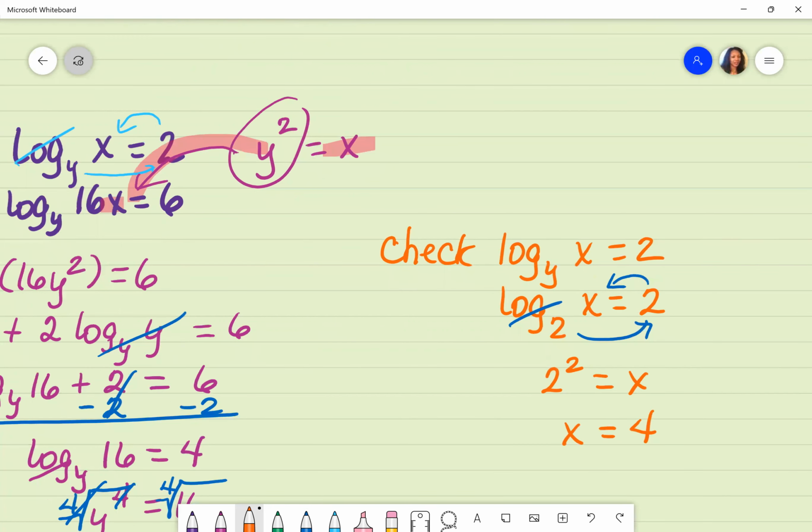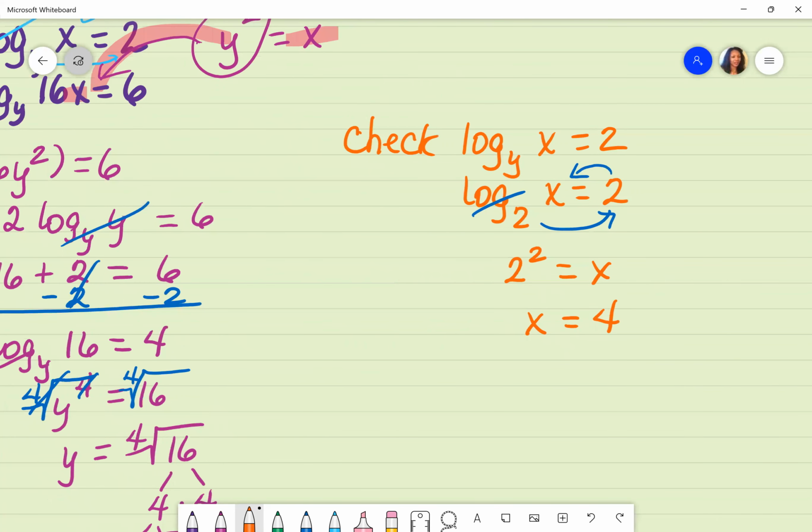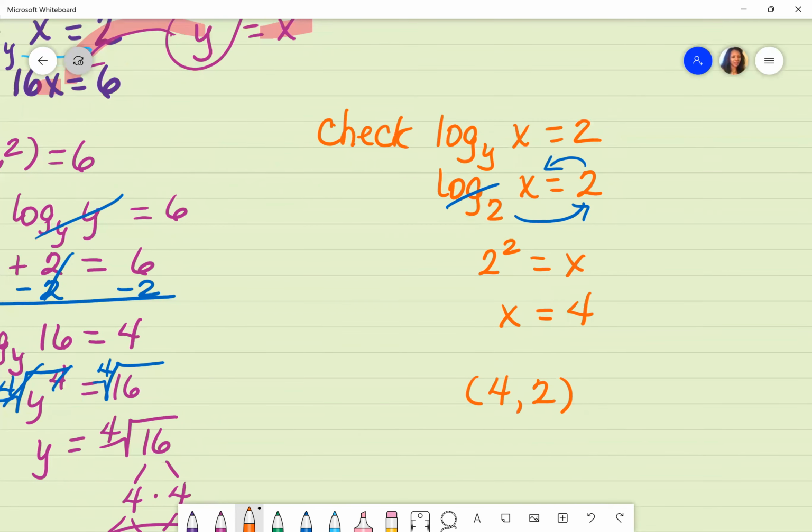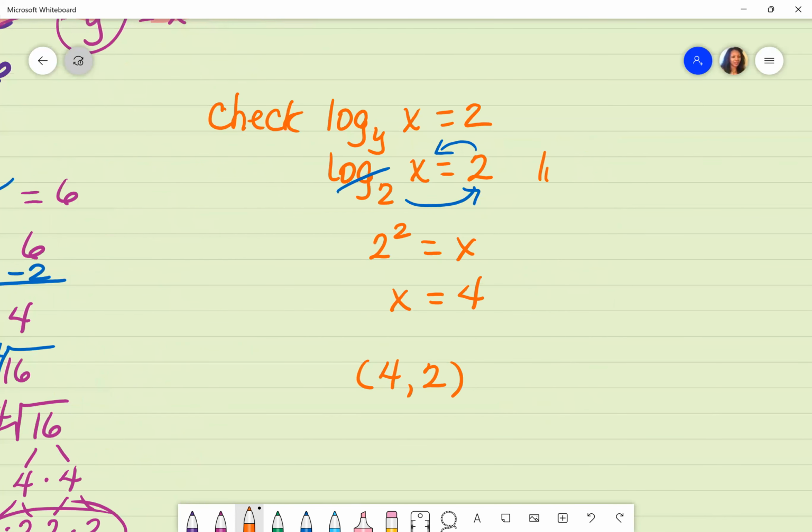So my answer is going to be 4 and 2. So putting that here, let's just go to this one. Log base 2, and we said x is 4, and it should equal 2, and that is true. 2 to the 2nd power does in fact equal 4.